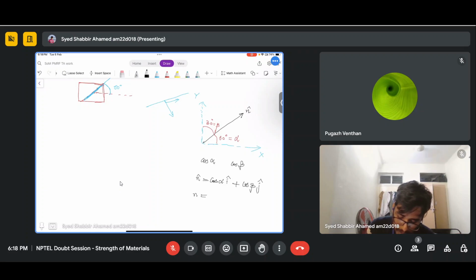Here the direction cosines can be written as cos 60 i cap, because it is given as 60 degrees.